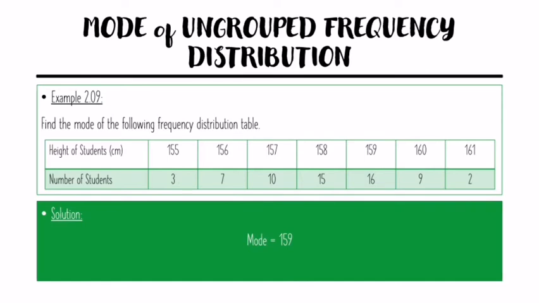So, solution. For the mode, what we are going to do is look at the frequency, or in this case the number of students, look at each one of them, and select the highest value. In this case, the highest value is 16, which refers to 159.